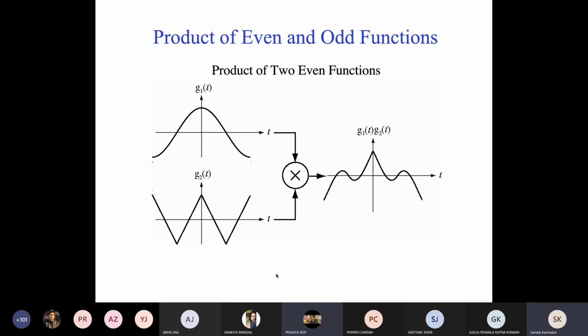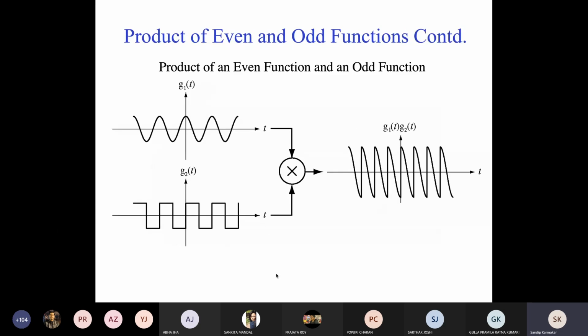Even, sir. So the product of two even functions, this right side function is also even, right? It is symmetrical with respect to the y axis, right? If it is symmetrical with respect to the y-axis, then it will be even.